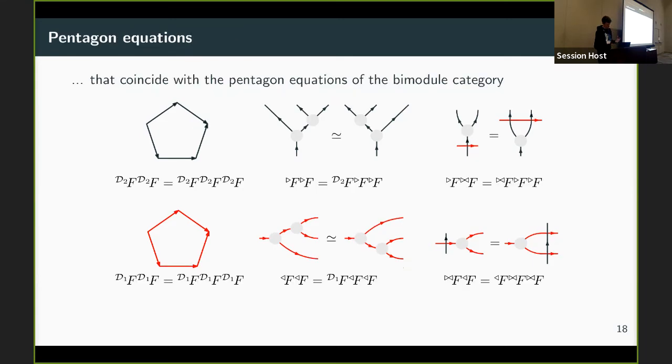And then the point is that the remainder of these equations can be solved by using the remaining pieces of this bimodular category. So that's the second main result that we have: the consistency conditions for having these virtual symmetries in these tensor network representations coincide with the pentagon equations of some bimodular category.